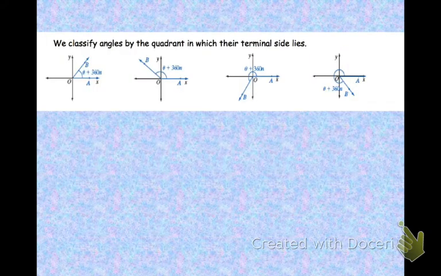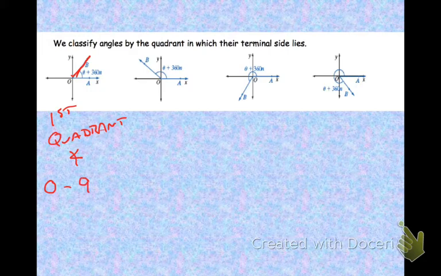So we classify angles by the quadrants in which their terminal side lies. This first one here would be a first quadrant angle, and I'm going to start using the symbol for angle. That would be anywhere between 0 and 90 degrees.